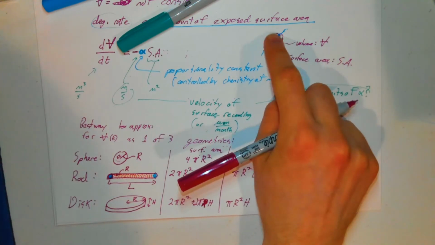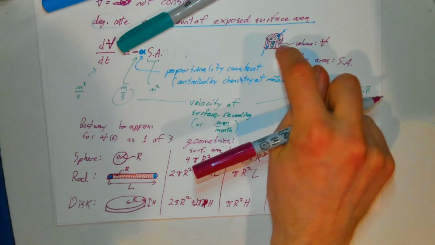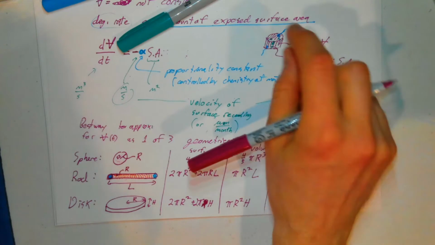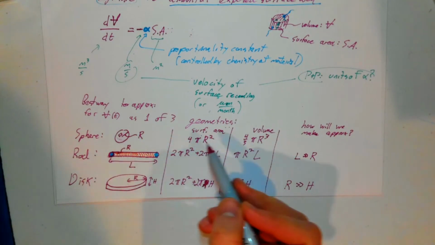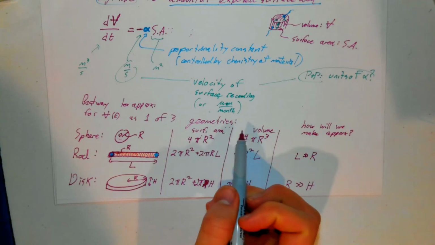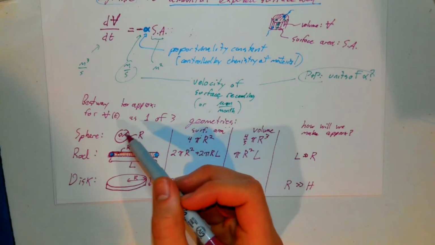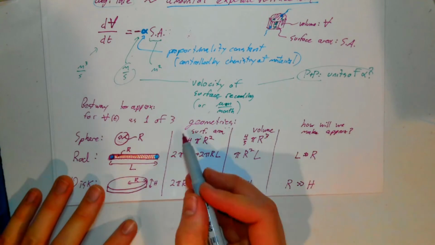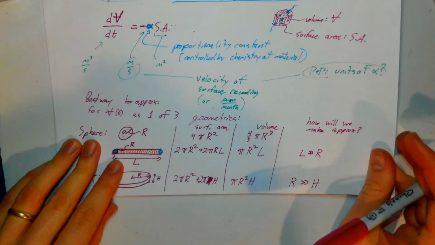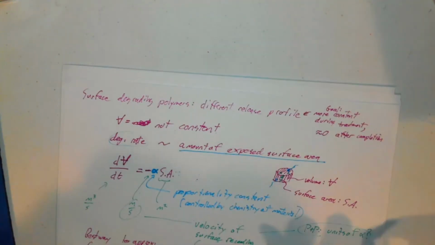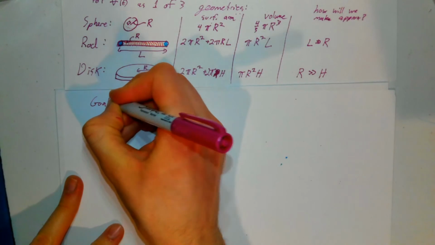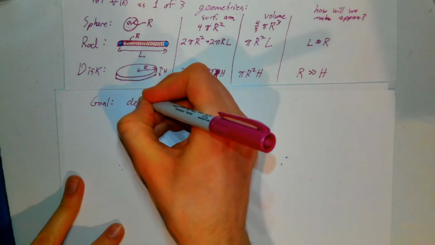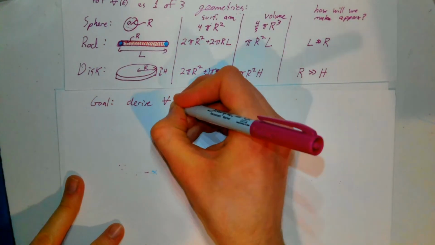Again, it's possible to mathematically characterize these, but it's not easy. And the sphere doesn't really require any approximations at all, because its surface area and its volume are just a function of radius. So what is our goal? Our goal is basically to derive the volume as a function of time.